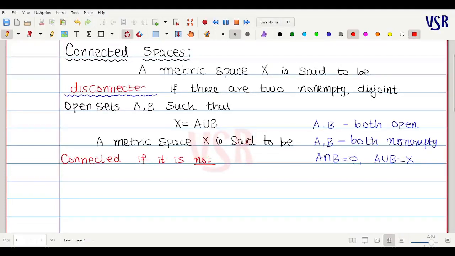A set X is said to be disconnected if there are two non-empty disjoint open sets A, B such that X equals A union B. A metric space is said to be connected if it is not disconnected.